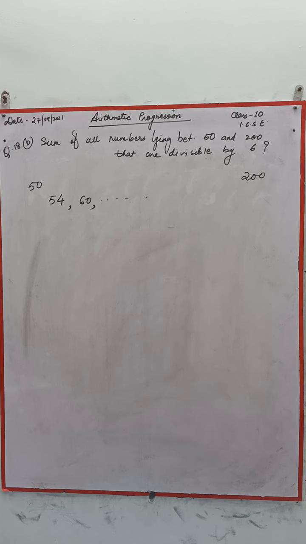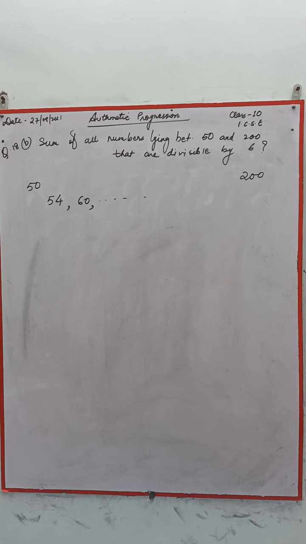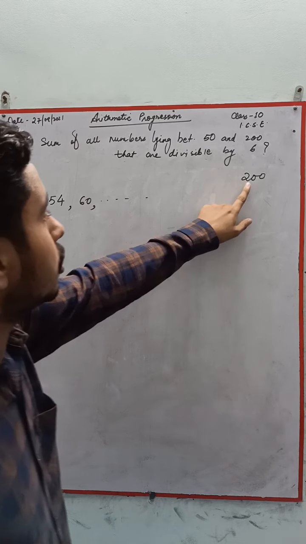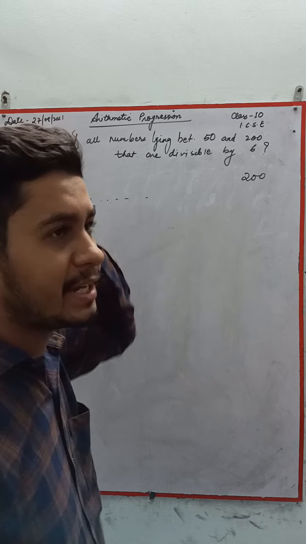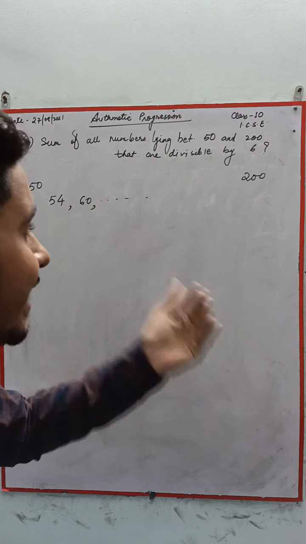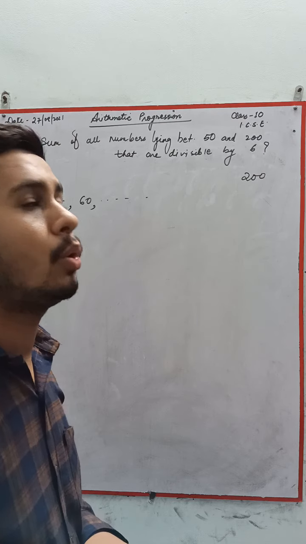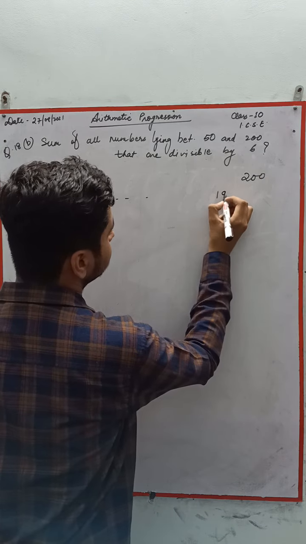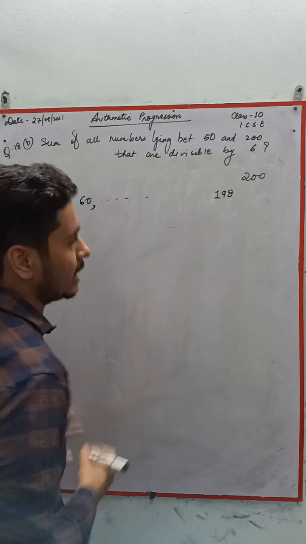You have to just check by actually dividing. So before 200, 199, I think 199 cannot be divisible by 6. 198, okay, 198 is divisible. So the last term is 198.